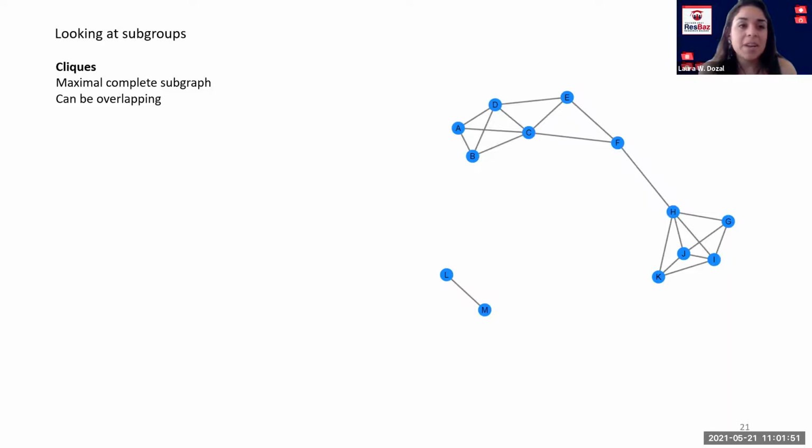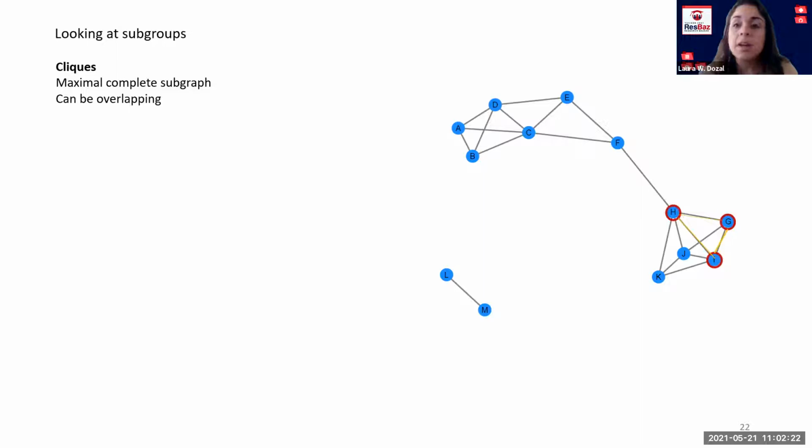Anyway, side note, I'm going to use cliques because that's how I want to say it. Okay, so a clique is a subset of nodes where each node has a tie to every other node in the network. And they can be overlapping. Essentially, it would be impossible to add any more nodes to the clique without violating the condition where every node is connected to every other node.